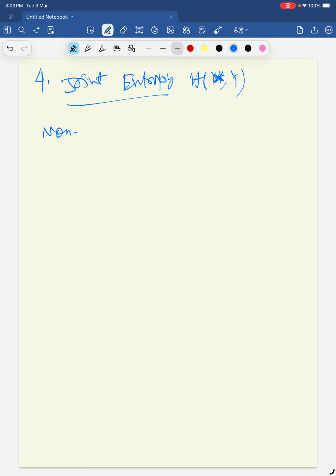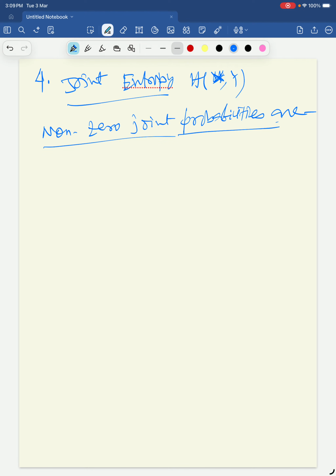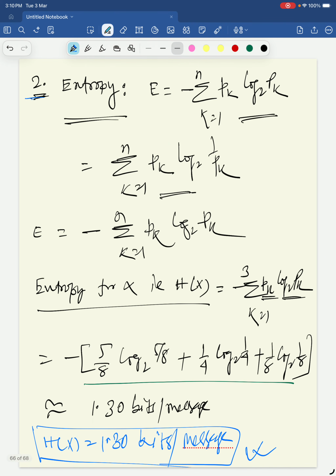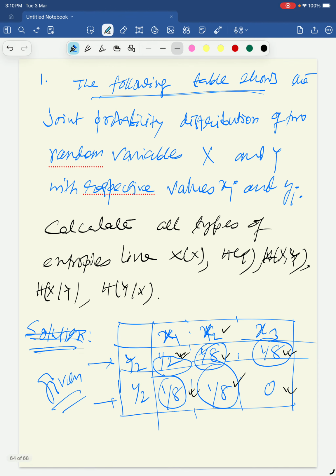Non-zero joint probabilities are, so all are non-zero: half, 1 by 8, 1 by 8, 1 by 8, 1 by 8.